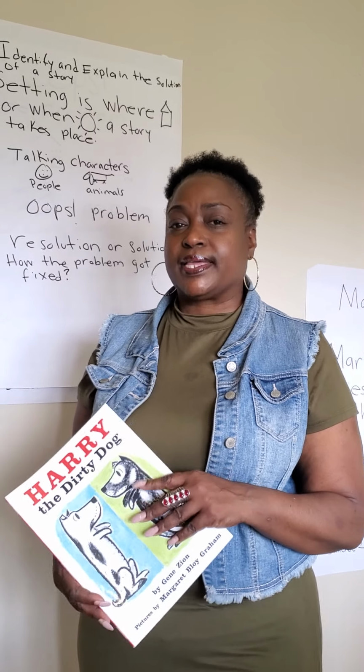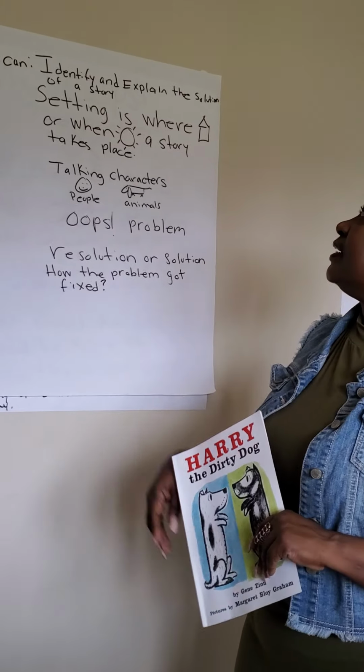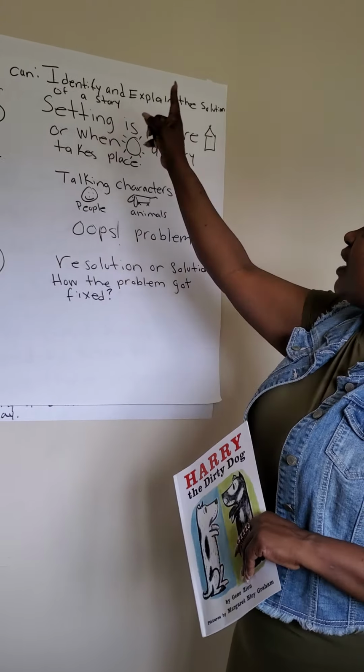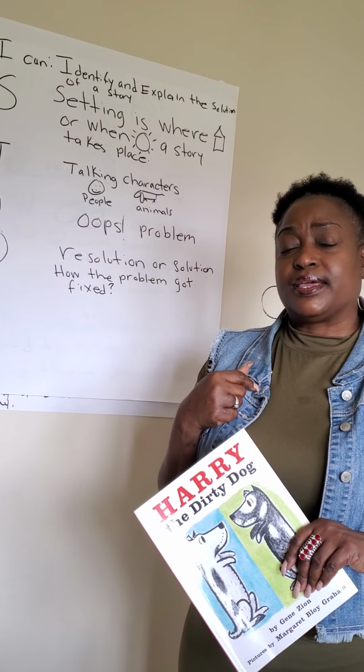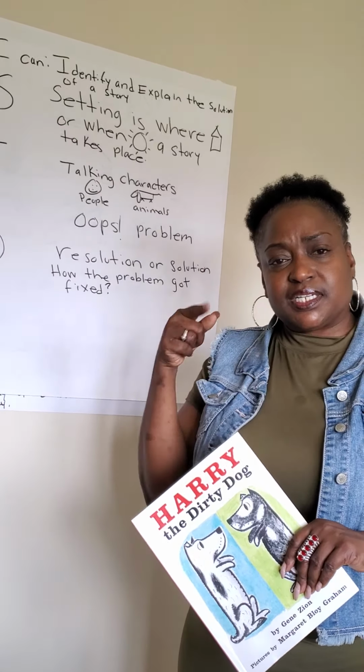Now, boys and girls, our I can statement is I can identify and explain the solution of a story or the resolution. So remember, good readers are always asking themselves questions. And so as I was listening to this story and reading this story, I started to ask myself questions. What's the setting? Where and when did this story take place?